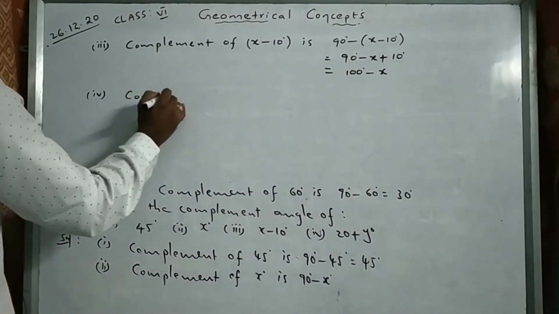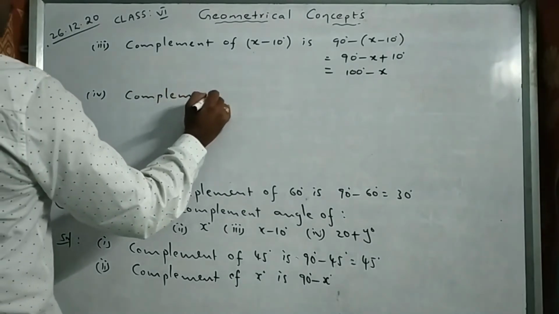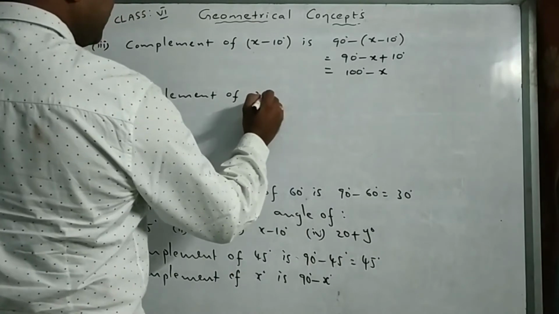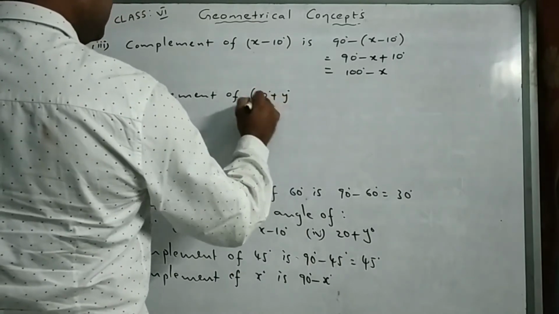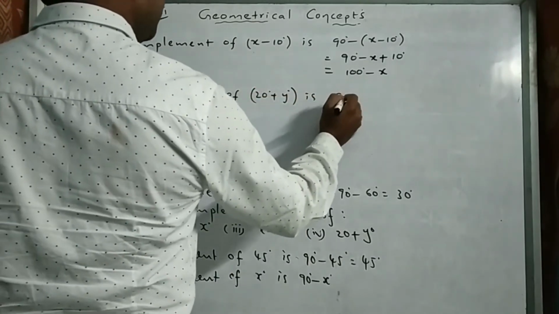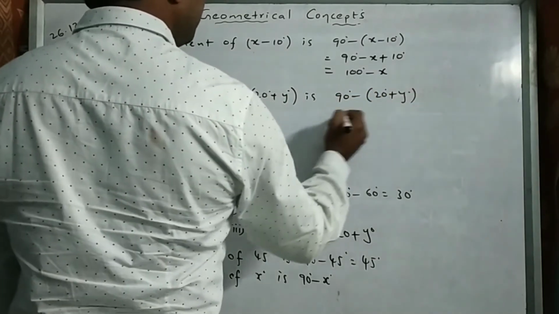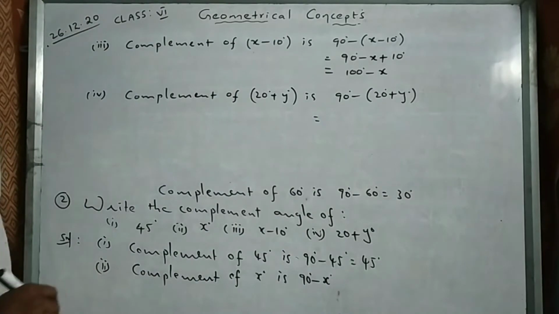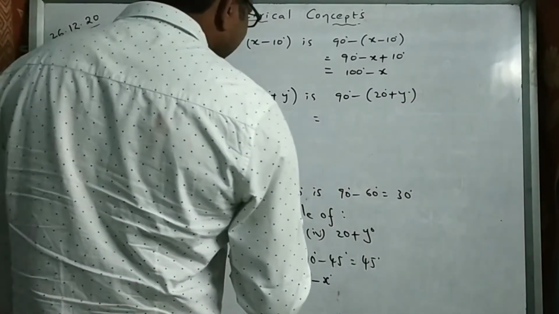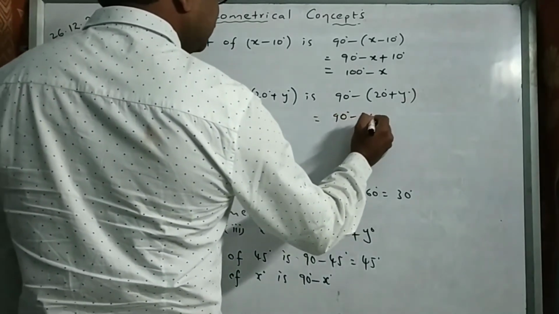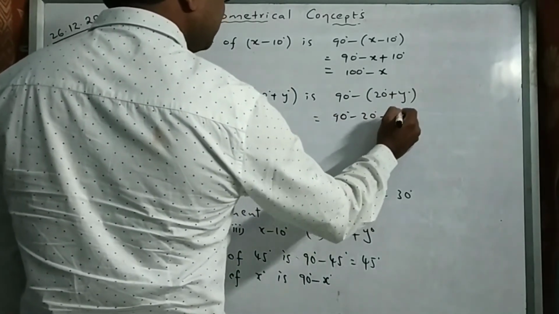Similarly, the complement of the fourth question, 20 plus y, is, from 90 you should subtract this. Always remember that to get the complementary angle of a given angle, you have to subtract the given angle from 90 degrees, right? 90 minus 20, minus into plus, minus y.